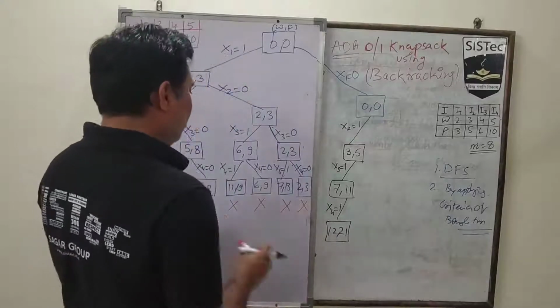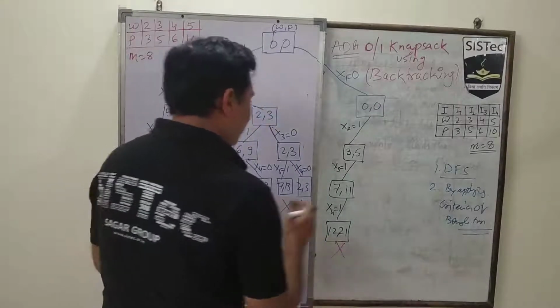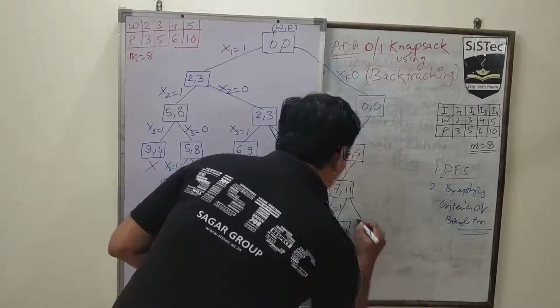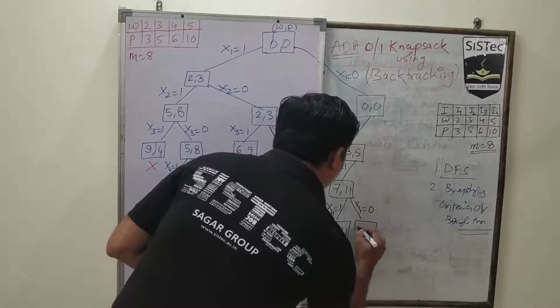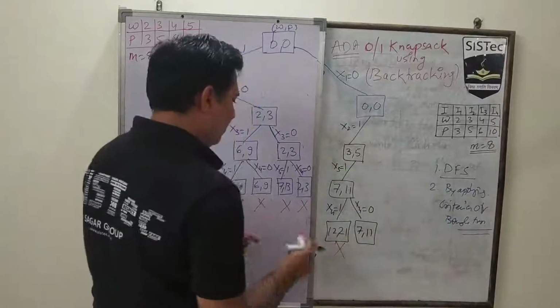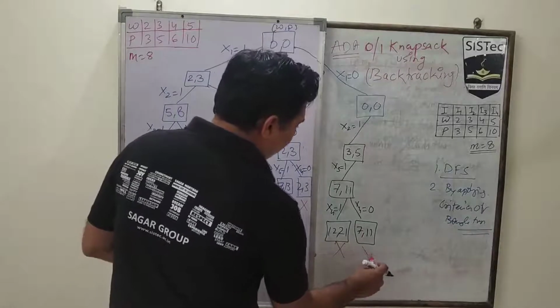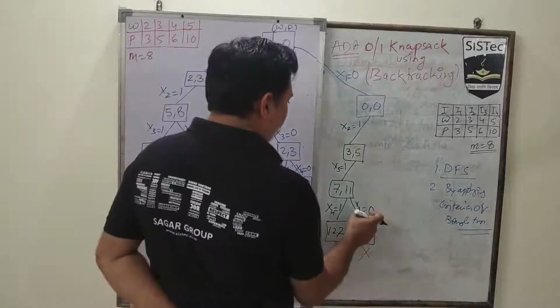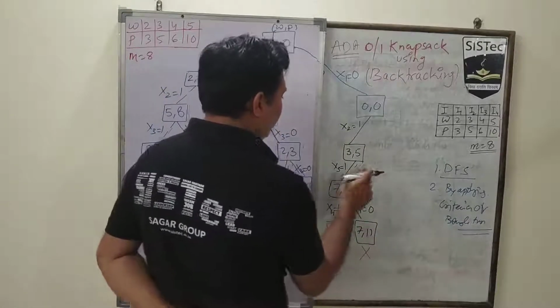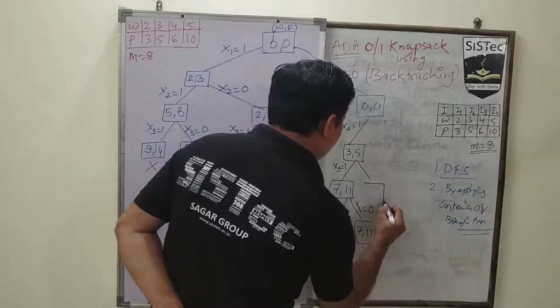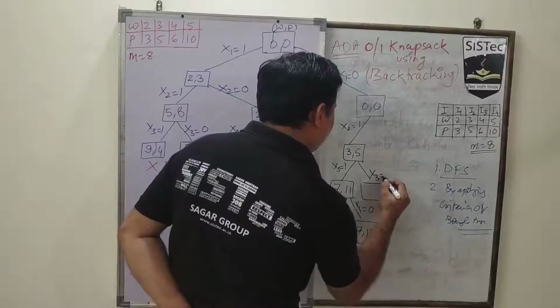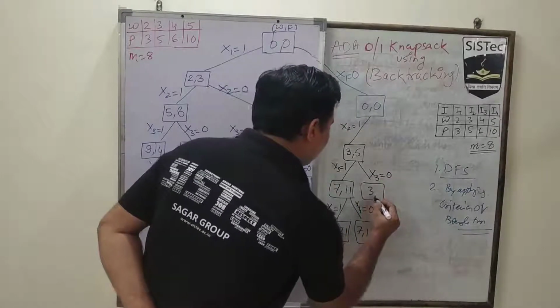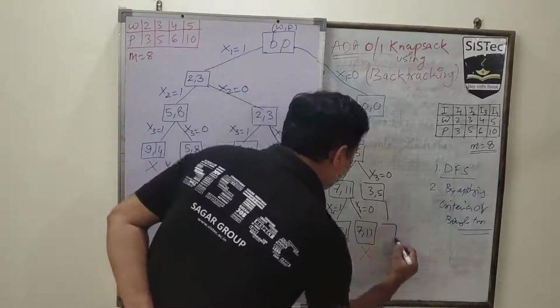We need to discard this as we exceed the capacity. If we do not consider the fourth one, it will remain 7, 11. No more weight is left, so it will not give us the solution. So discarding 4, we will reach here. We have considered 3. Now we will generate one more option. We will not consider 3. Now we consider the 4th.